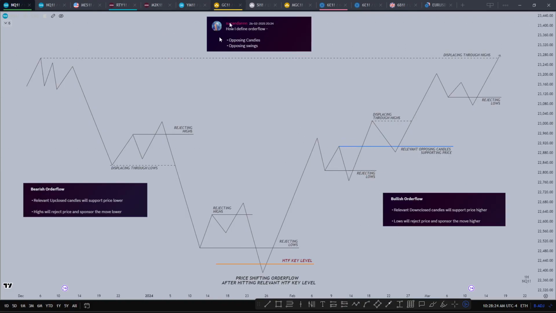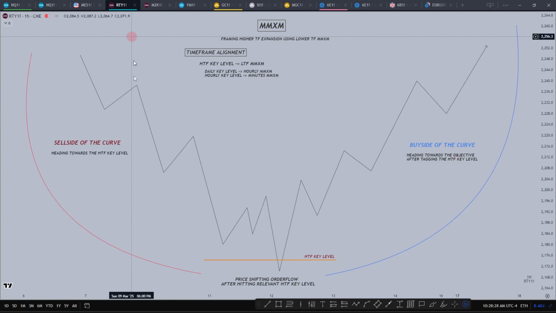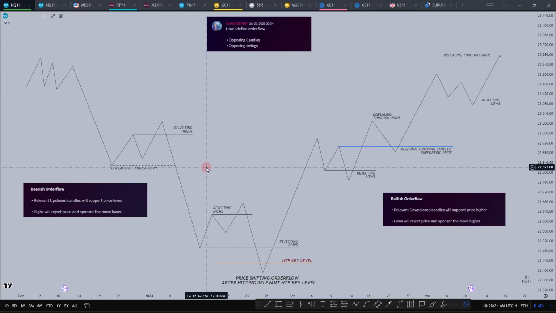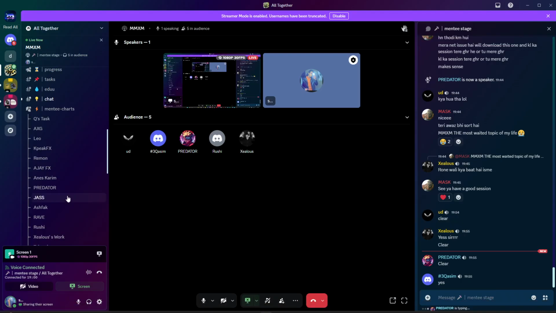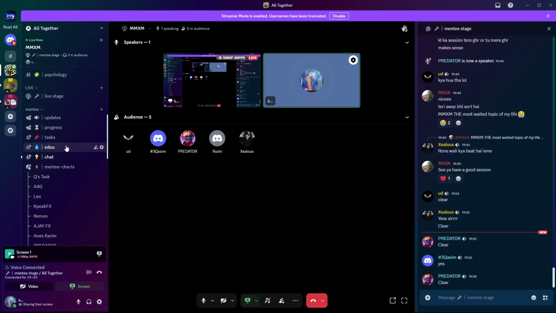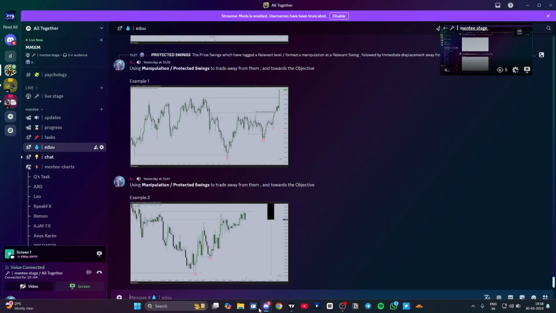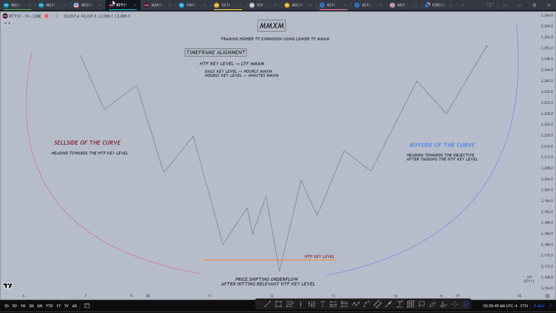Now this schematic, are these both clear to you?